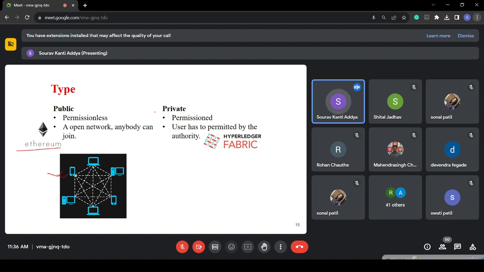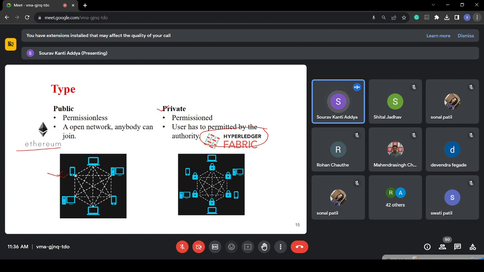On the other hand, we have the private blockchain, or in other words the permissioned blockchain. The user has to be permitted by some authority, or you need some credential. Hyperledger Fabric is one of the tools through which you can implement a permissioned blockchain. If you see the diagram, there is a significant difference between these two diagrams, right?